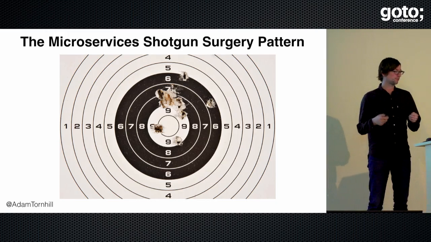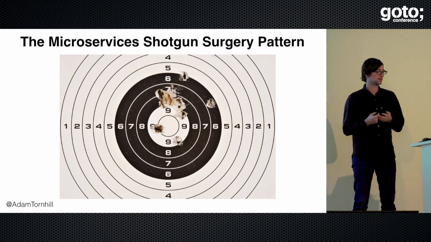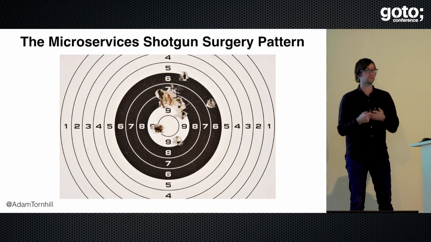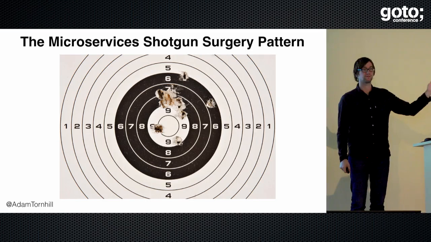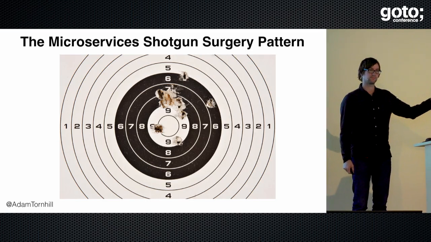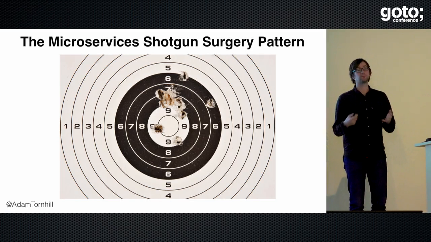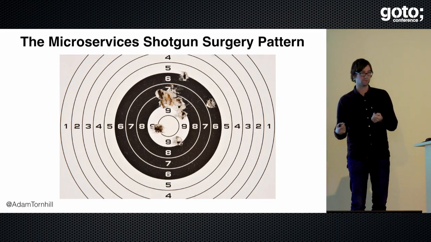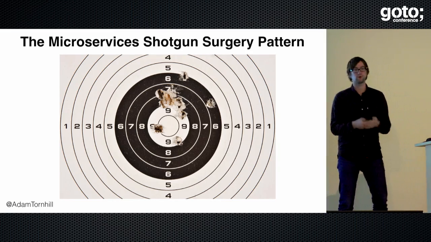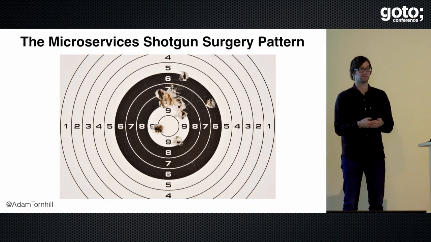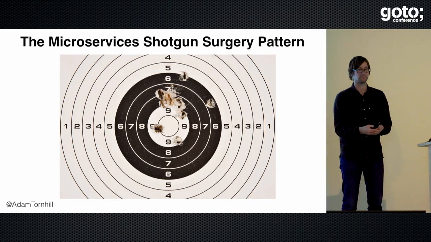Now, what's the microservices shotgun surgery pattern? That's basically the idea that you want to tweak a single business capability, and you end up modifying 5 different services. And there are several reasons why that may happen. The reasons I've seen that are most common is, first of all, that those different services may share code that itself isn't stable from an evolutionary perspective.